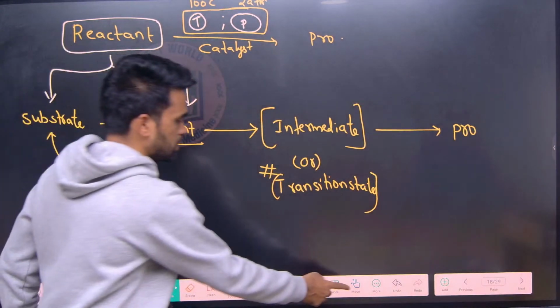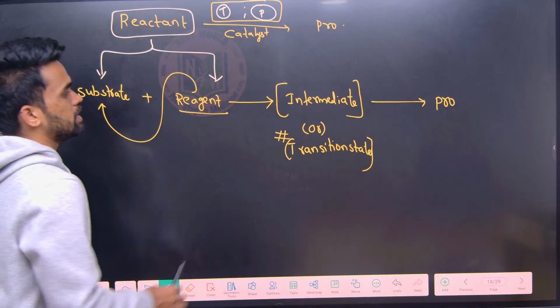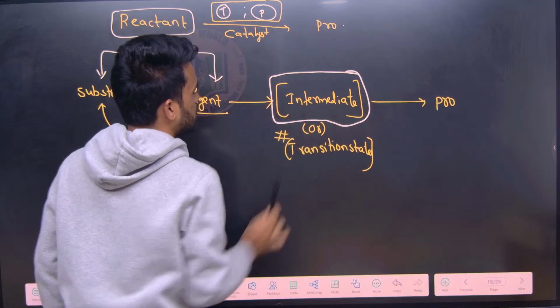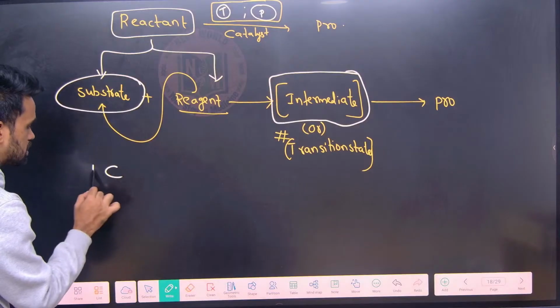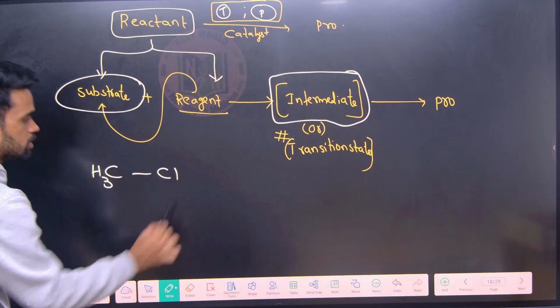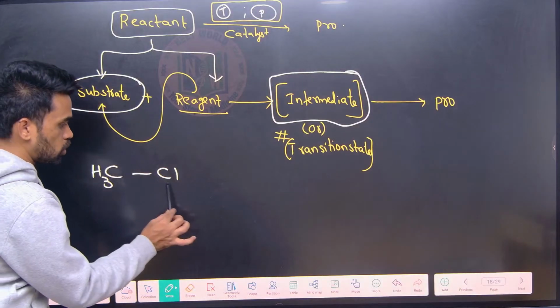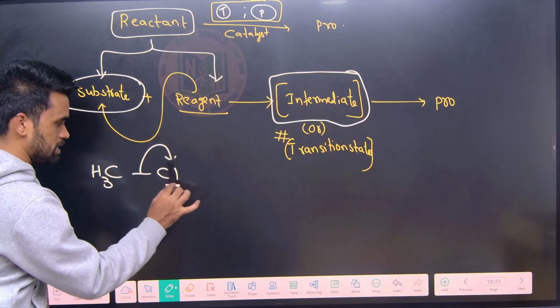Next, here we'll be discussing something more interesting. What do we mean by intermediate? This intermediate comes from the substrate. For example, substrate is something like this, CH3Cl, methyl chloride I have taken. Since chlorine is a more electronegative atom, this bond may get polarized like this.